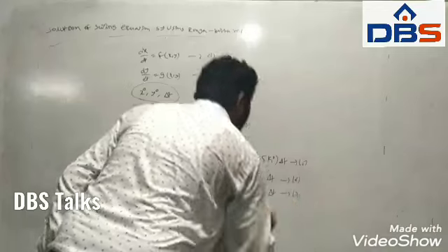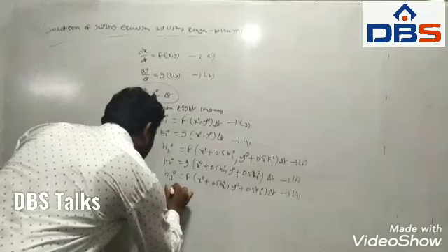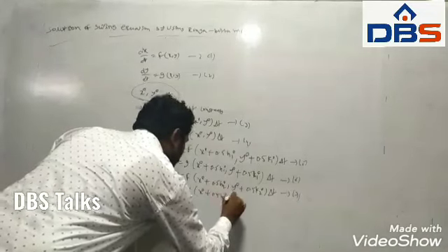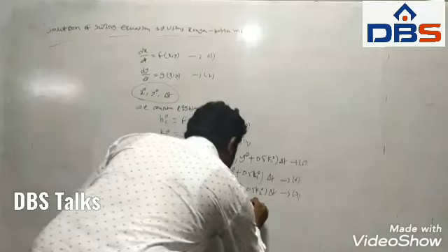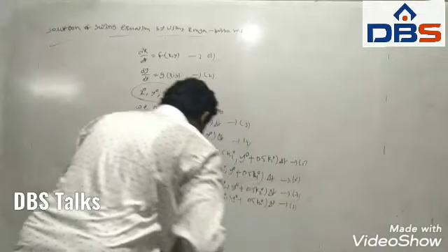So treat this as seventh equation. And k3 power 0, that is equal to g of x power 0 plus 0.5 h2 power 0 comma y power 0 plus 0.5 k2 power 0 into delta t. Treat this as eighth equation.